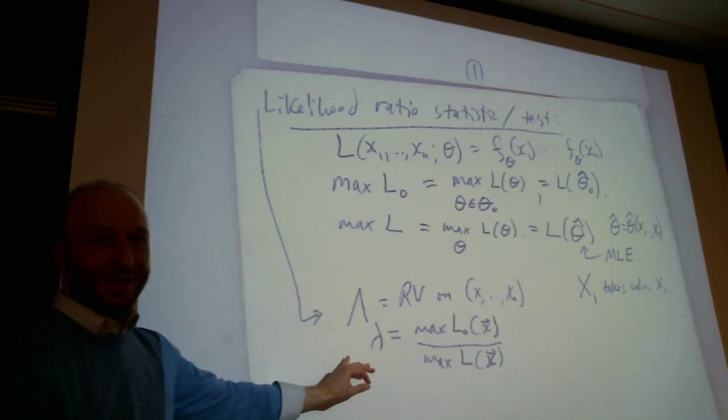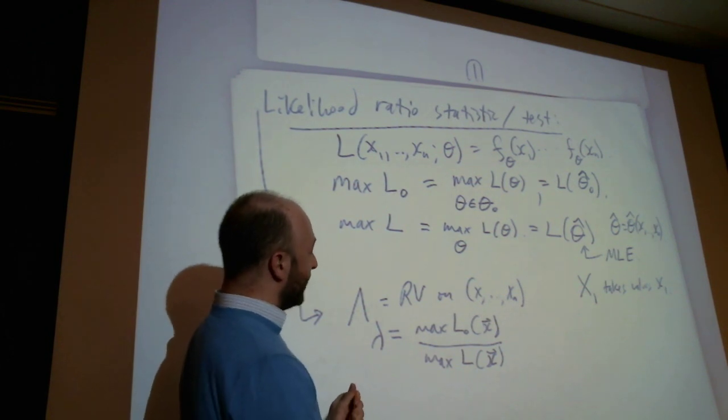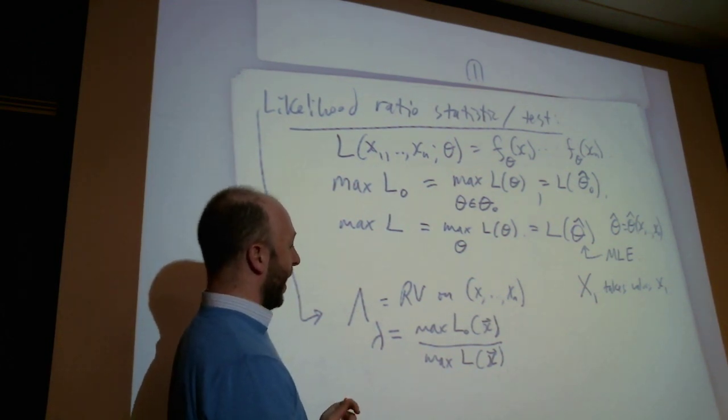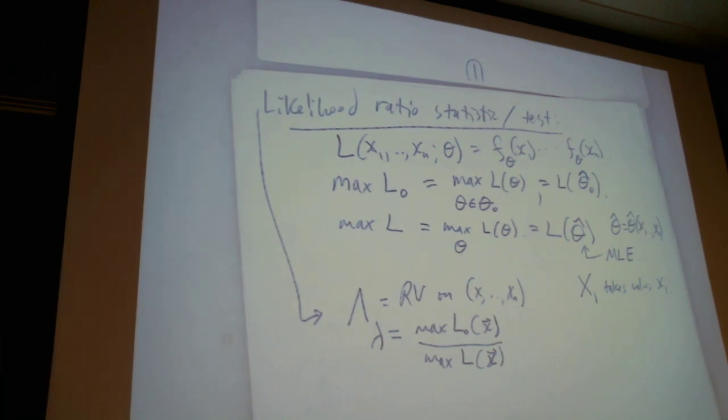Let's do some examples. Why are we doing that? You'll see in a second. This becomes an important statistic. It's a rather robust way of constructing critical regions for tests. Neyman-Pearson was one way of trying to construct critical regions that will have certain properties.